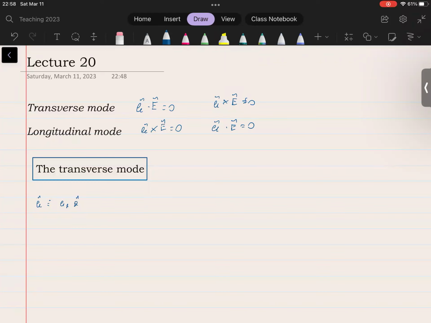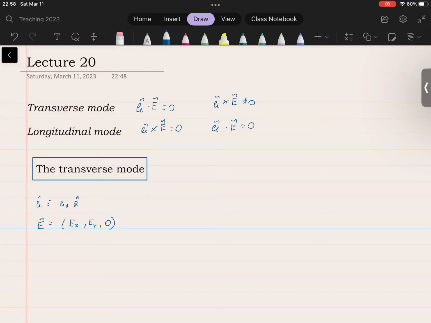Therefore, looking up at our definition, or refresher, of what the transverse mode looks like, we see that the electric field for the transverse mode needs to be Ex and Ey and 0.